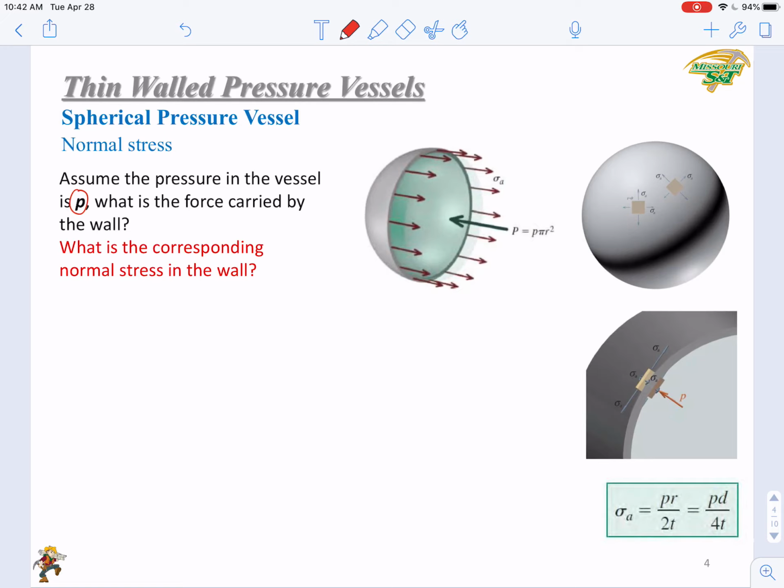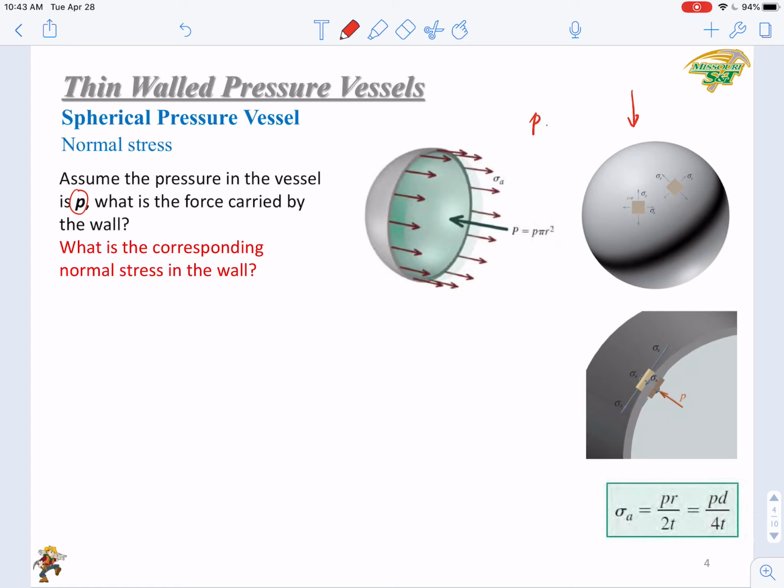So let's look at the normal stress in a spherical pressurized vessel first of all. Here I show a pressurized spherical shaped thin wall vessel. It has a thin wall and is subjected to an inner pressure P. This is the condition.